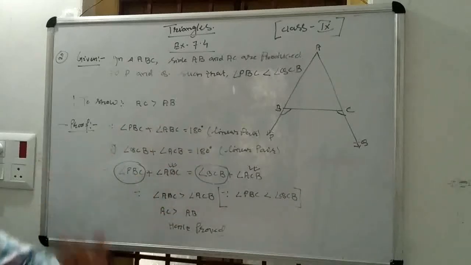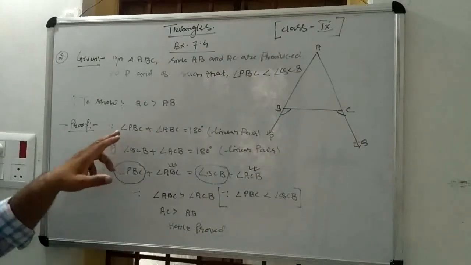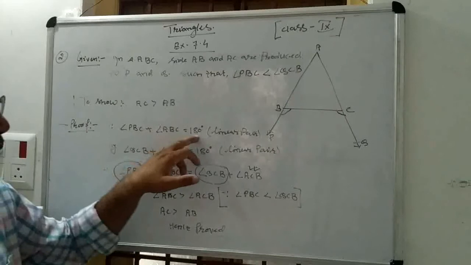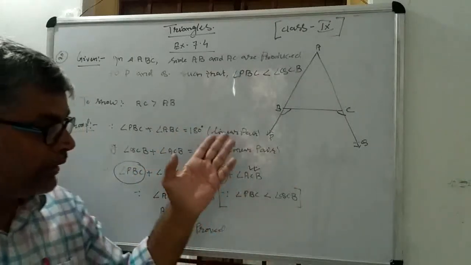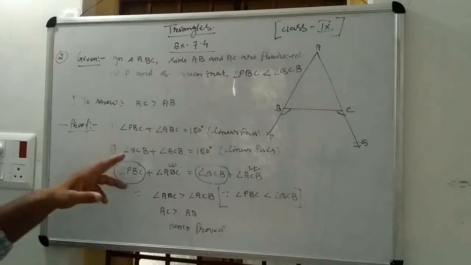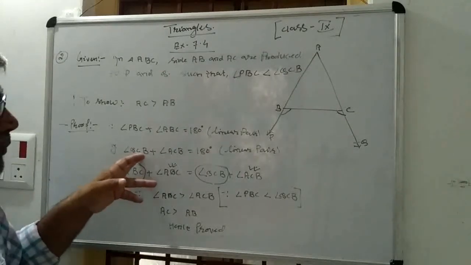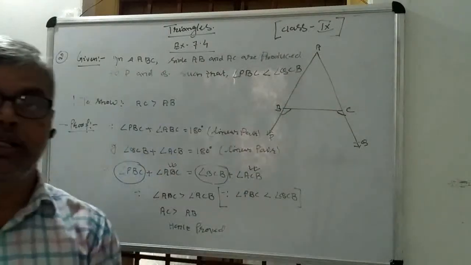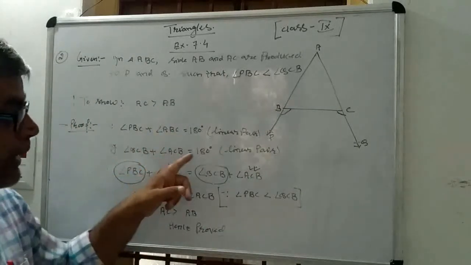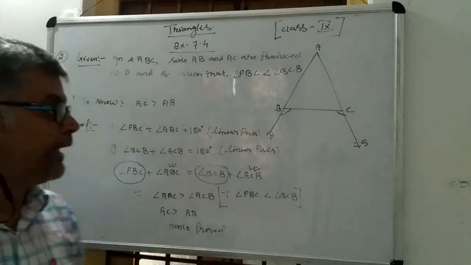Now first we apply the linear pair property: angle PBC plus angle ABC equals 180 degrees. Secondly, we apply the same formula to this angle also: angle QCB plus angle ACB equals 180 degrees.